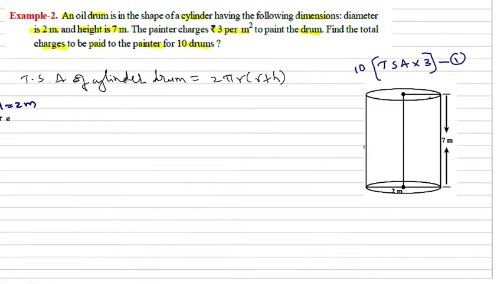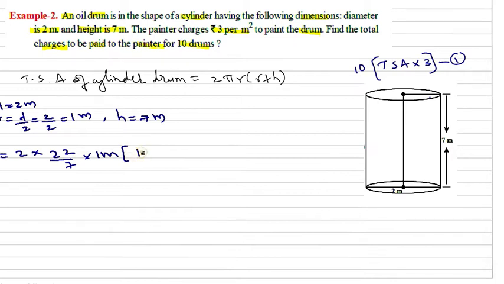From this, radius is equal to diameter by 2, which is 2 by 2, which is equal to 1 meter, and height is 7 meters. So now substitute these values in this formula: 2 into pi value, take 22 by 7, into r value 1 meter, into r is 1 meter plus height 7 meter.